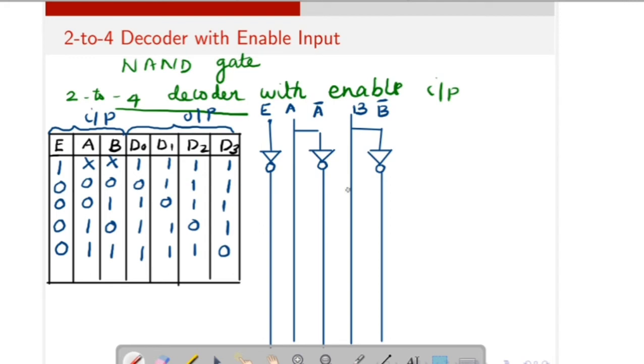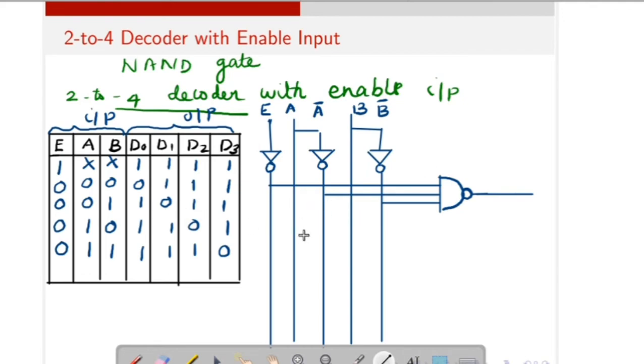D0 is equal to 0 when the enable input is equal to 0, then A is equal to 0, then B is equal to 0. NAND all these inputs. So here we have the NAND gate, then output D0.